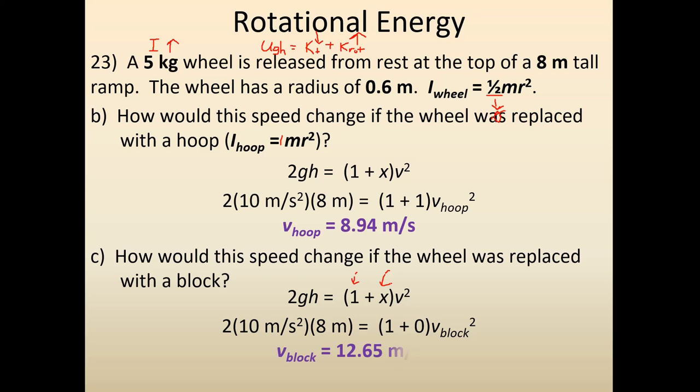So I plug this all in and I'm getting 12.65. So this is essentially the fastest that the object can end up traveling. And again, it matches exactly what I said. We have no rotational inertia. We have no rotational kinetic energy. Therefore, all that potential energy we started with, which is the same, is going straight to kinetic.